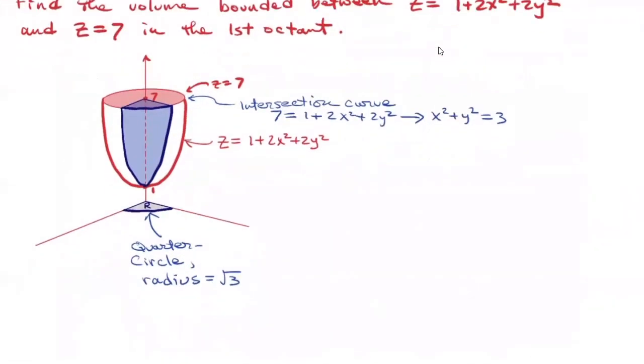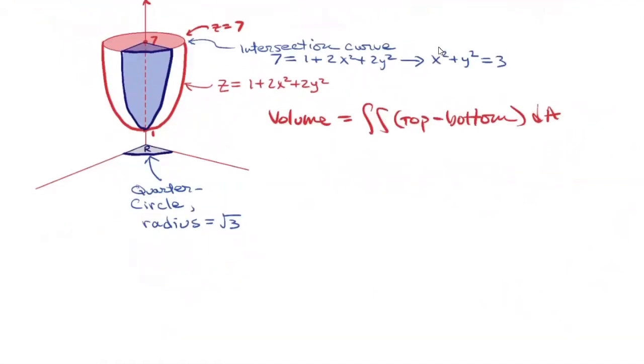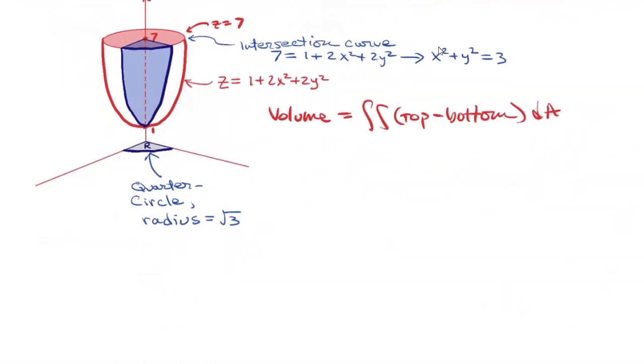All right, now it's just a volume between two surfaces, so you have to do the top surface minus the bottom surface. So the volume is a double integral of the top minus the bottom dA over the region R. You just have to integrate over the shadow.